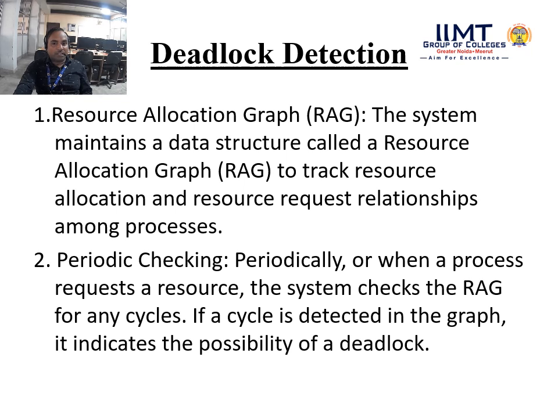So what is a resource allocation graph? The system maintains a data structure called a resource allocation graph to track resource allocation and the resource request relationship. The resource allocation graph means we prepare a particular graph of processes and resources.